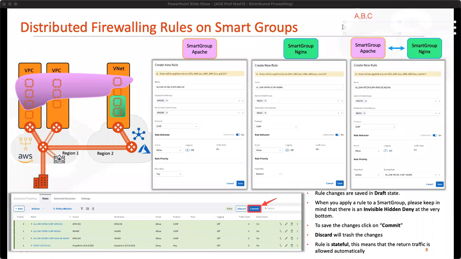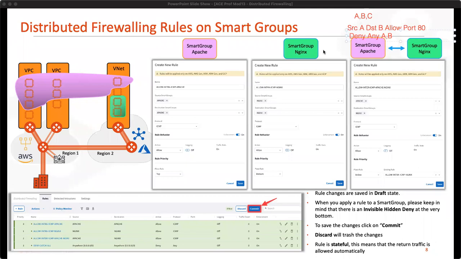You put a rule where the source is A, the destination is B, allow, I don't know, port 80. The moment you write this rule, there is an implicit rule that also gets inserted.